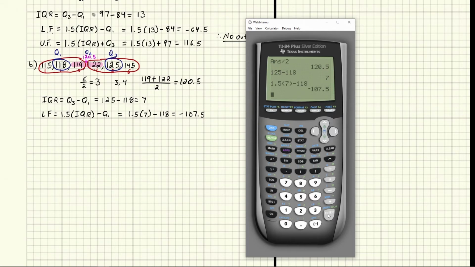Up next, we're going to have our upper fence, which is 1.5 times the interquartile range plus Q3. This is 1.5 times 7 plus 125. We're going to get a very large number.